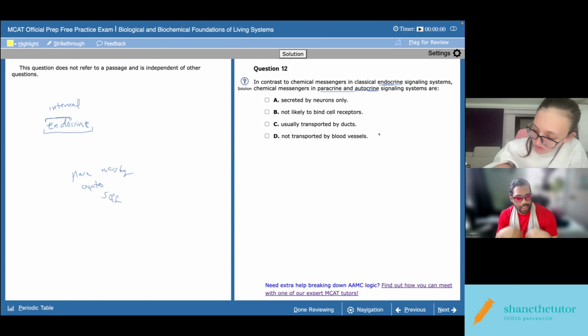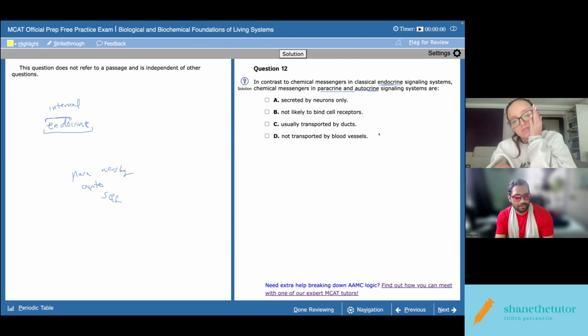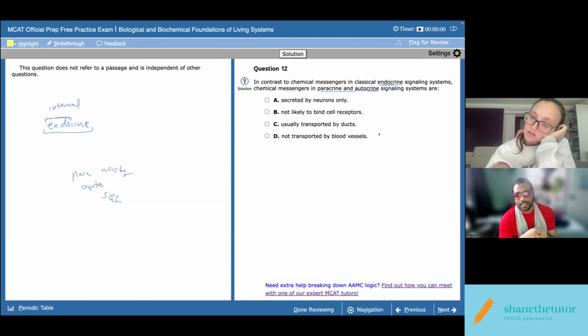So endocrine must be not affecting itself and not nearby. Yeah, so something distant.